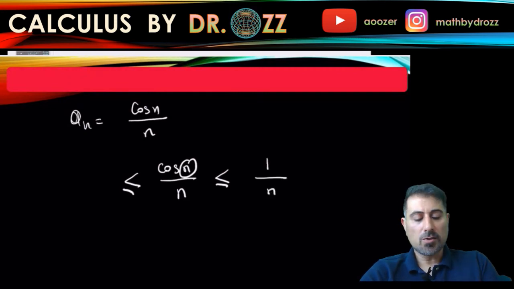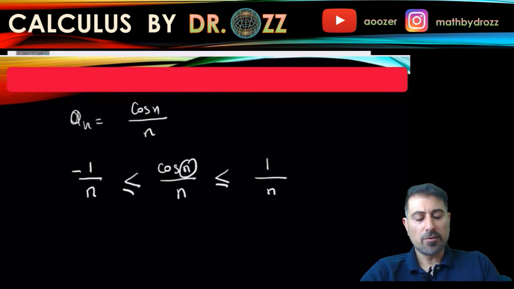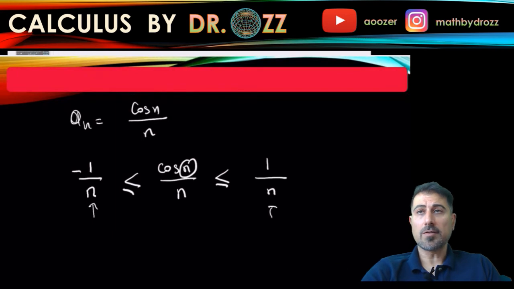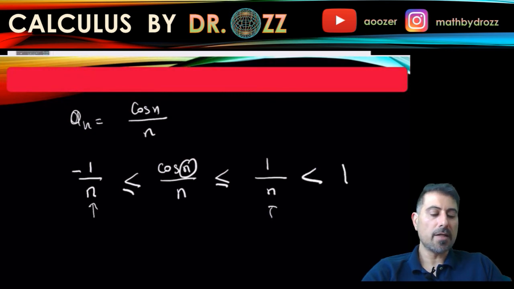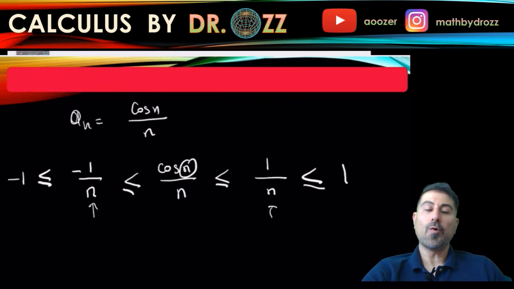And this is also always greater than or equal to -1 over n. Well, these bounds still depend on n. I need constants not depending on n. I know that 1 over n, no matter what, is going to be less than or equal to 1, with equality just for the case n equals 1. And -1 over n is always greater than or equal to -1.